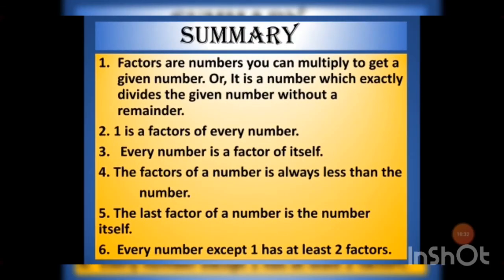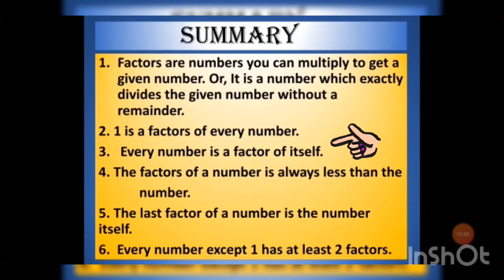Yes. So here is a summary of all that we have been talking about. We have learned today that factors are numbers you can multiply to get a given number, or a number which exactly divides the given number without a remainder. We have also learned that number 1 is a factor of every number.